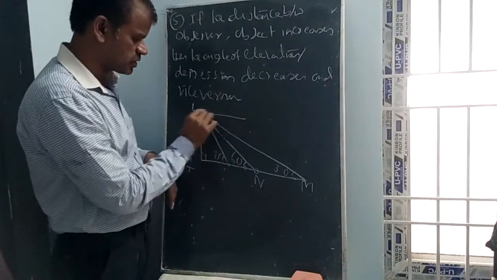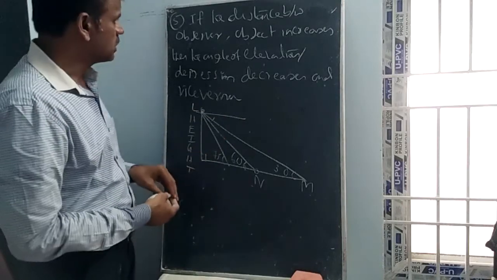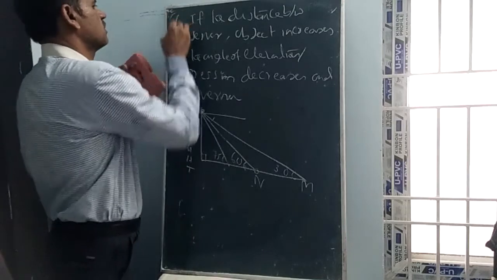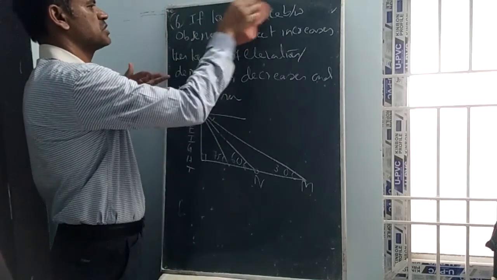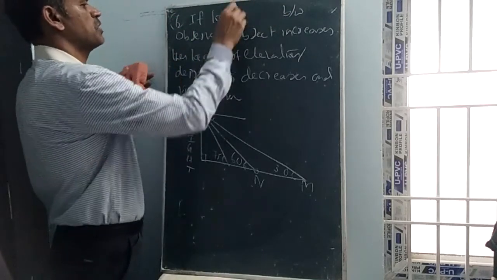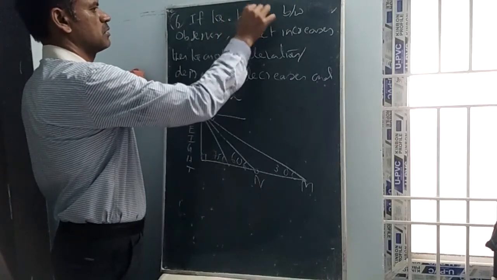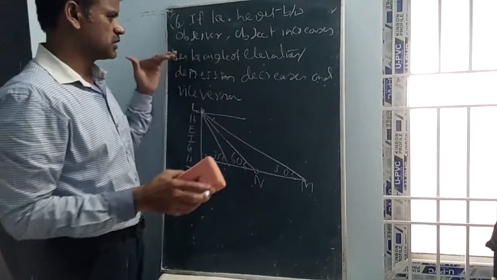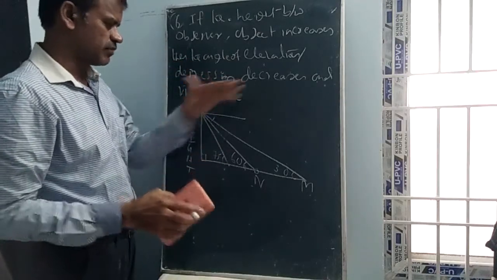Of course, elevation or depression, both. In the similar way, for height also we can calculate. If the height between observer and object increases, then the angle of elevation decreases, and vice versa.